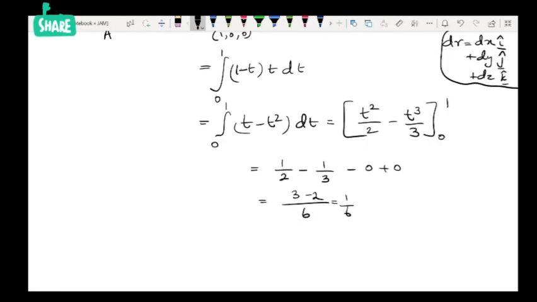Let's do the same for the integral from B to C and C to A. Actually all of those will be the same.